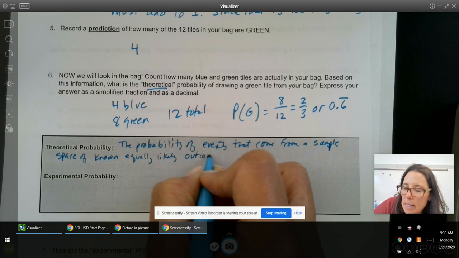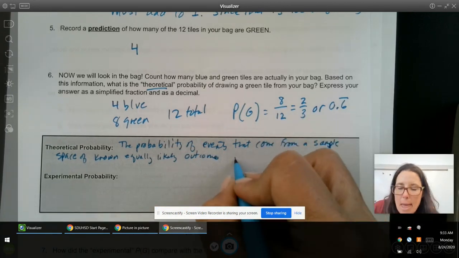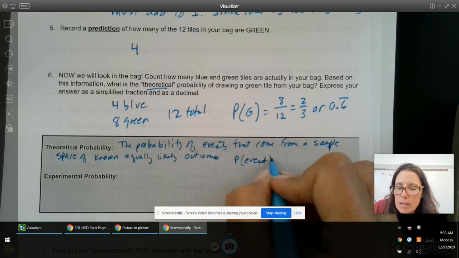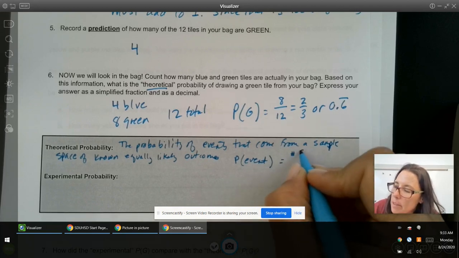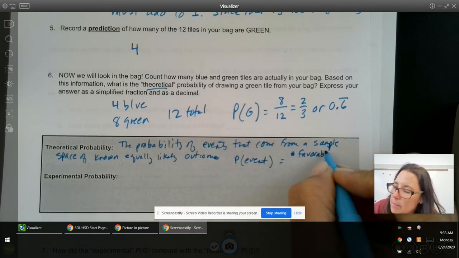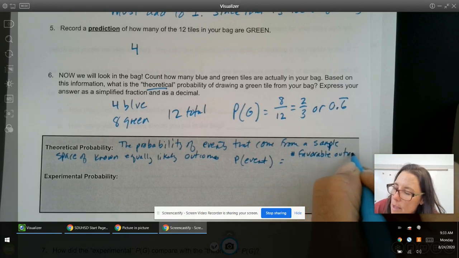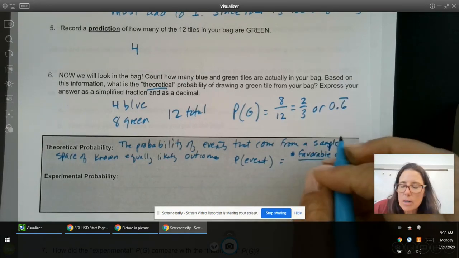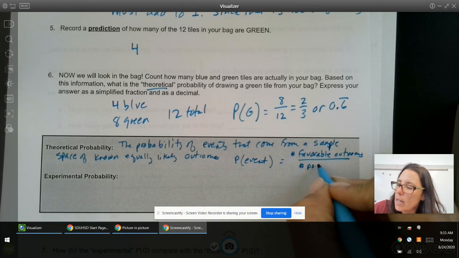I'll explain that in a minute. P of an event equals number of favorable outcomes over number of possible outcomes.